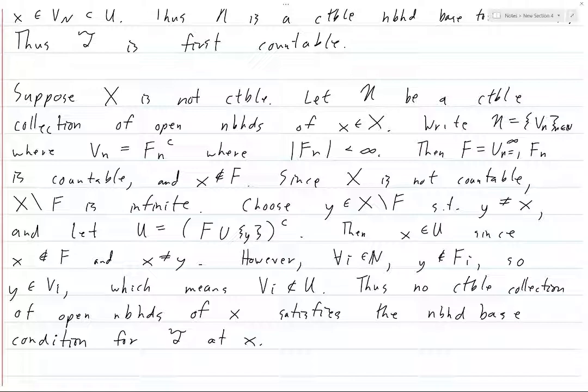So therefore there is no countable collection of open neighborhoods. Or there is no countable neighborhood base.